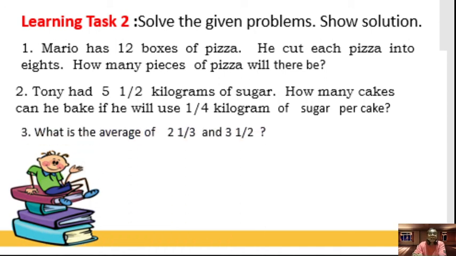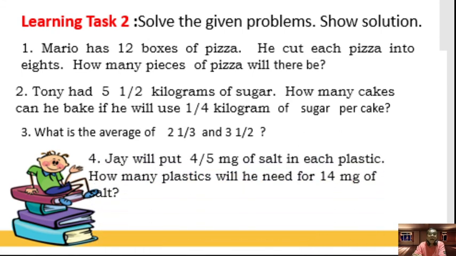What is the average of 2 and 1/3 and 3 and 1/2? 4. J will put 4/5 milligram of salt in each plastic. So how many plastics will he need for 14 milligrams of salt?